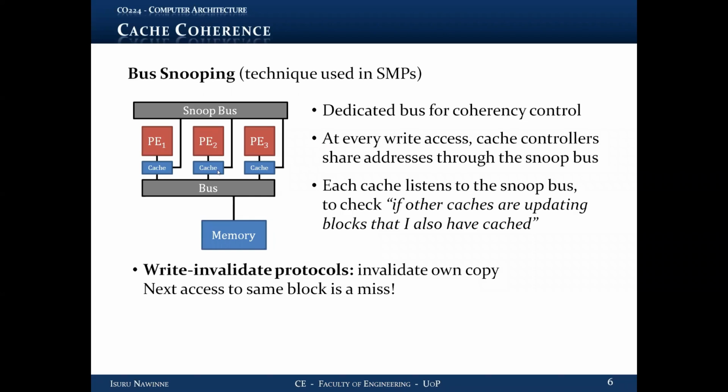If we have a copy of the data when some other processor performs a write, then we can invalidate our own copy. That approach is called write invalidate. It's called the write invalidate protocol, or rather a group of protocols, right? There can be other variations and differences, so you can define a group of protocols as write invalidate.